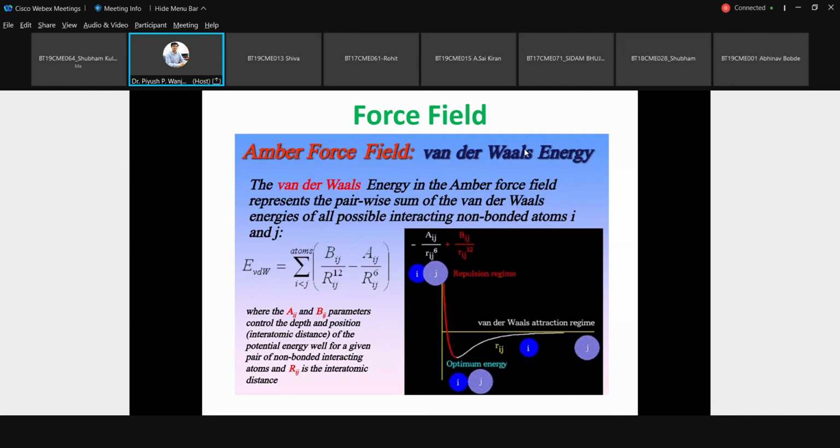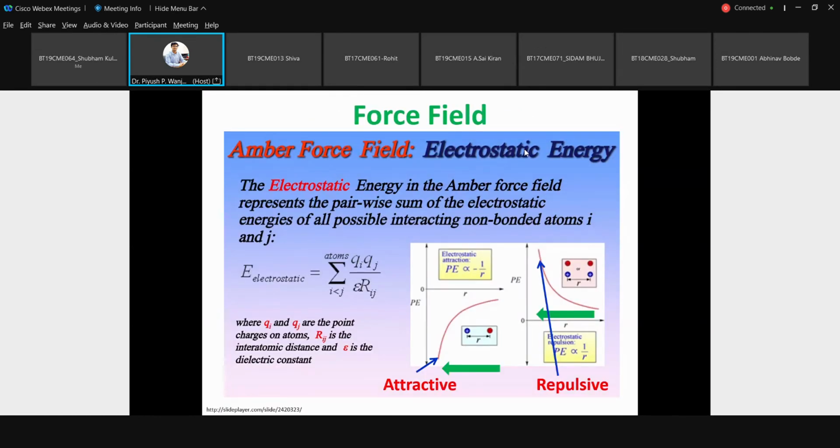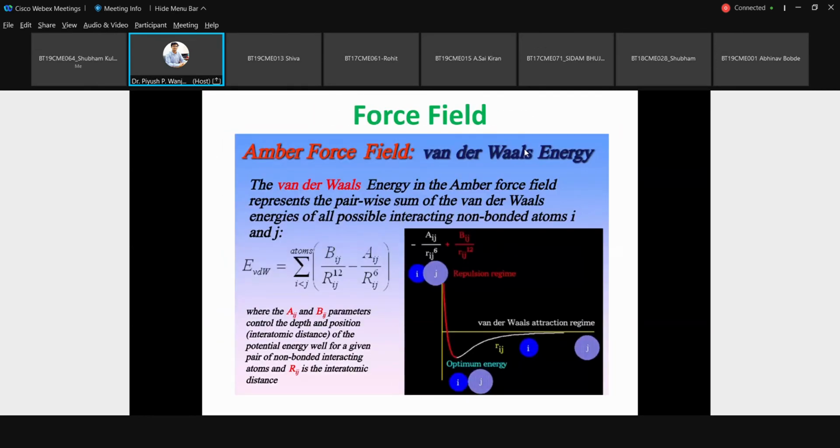Same thing with how the other molecule is going to impact electrostatically, and again the same thing as per van der Waals. When something comes in contact with another, we have seen the impact of electrostatic interaction: if something has the charge Qi and the other molecule with charge Qj is coming closer, how the things will vary can be understood graphically and by the equations. So we will try to understand the same things mathematically and graphically.